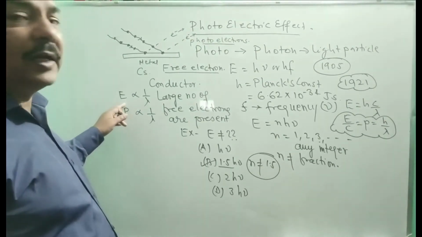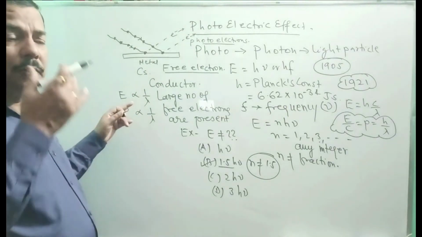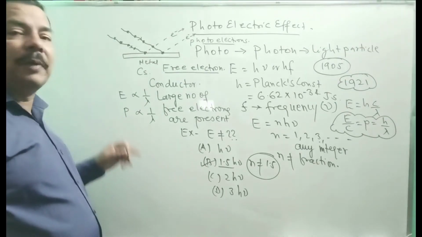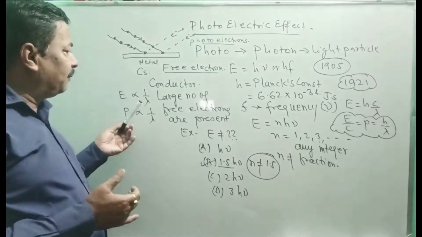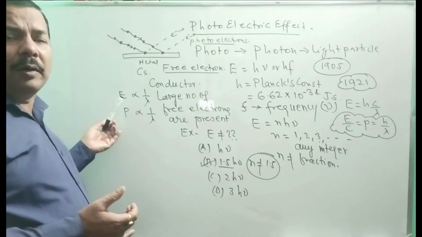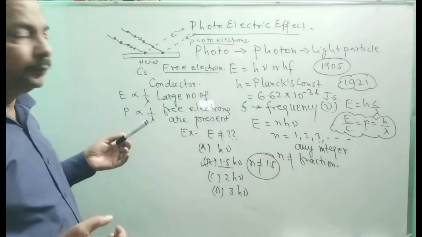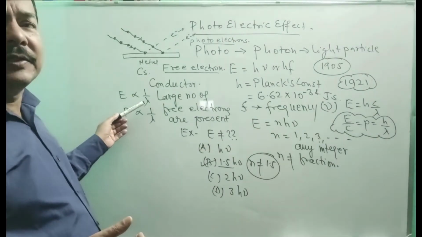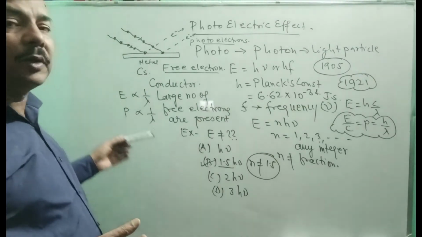The energy of incident light is proportional to 1/lambda, and momentum is also proportional to 1/lambda. So if the wavelength of light is increased, naturally the energy decreases and the momentum of the photon also decreases. Similarly, if the wavelength is decreased, the energy increases and the momentum also increases.